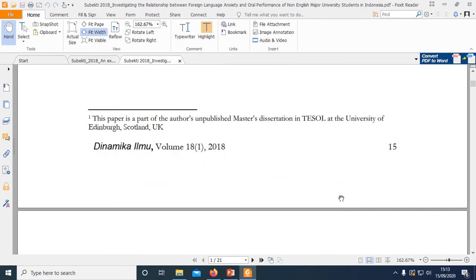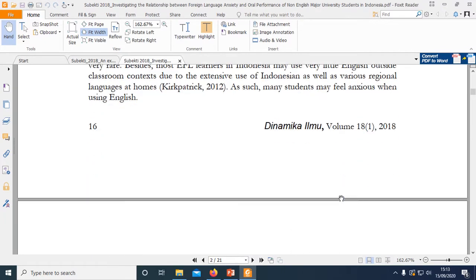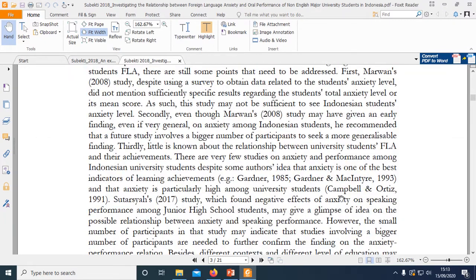And then we can take a look at the findings and discussion sections, towards the end.